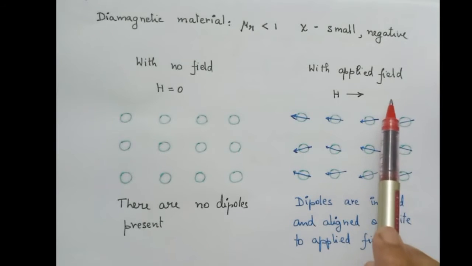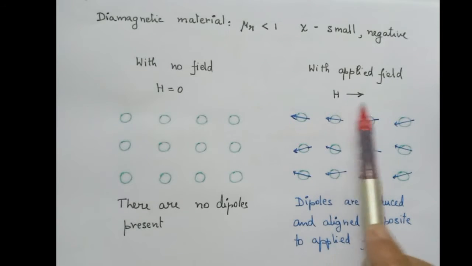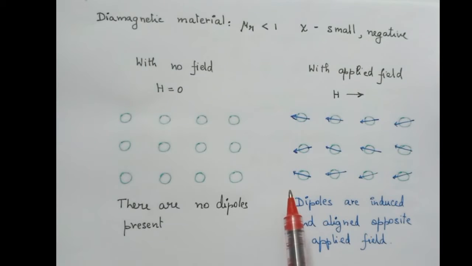But with an applied field, a weak magnetic induction is produced in a direction opposite to the applied field. This may be due to the change in the orbital motion creating a weak magnetic induction. The dipoles are induced and aligned opposite to the applied field.